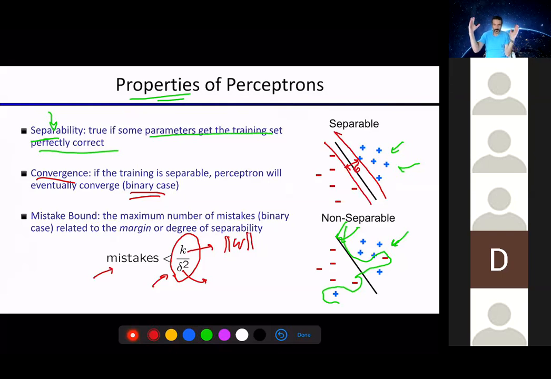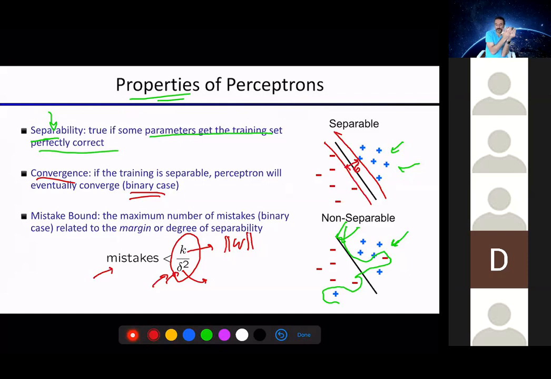So obviously this upper bound is tight. It is larger when the problem is more difficult. When two classes are closer to each other, it would be more difficult for any learning algorithm to find such a hyperplane, so it is intuitive to make more mistakes.